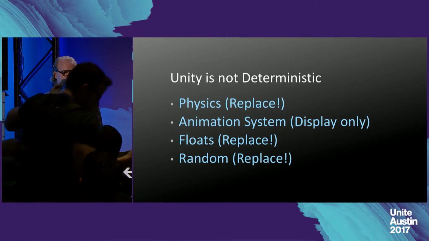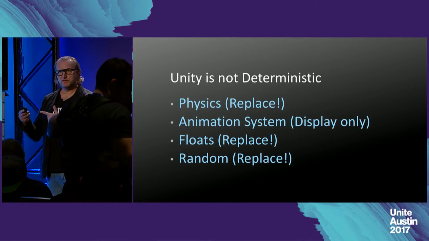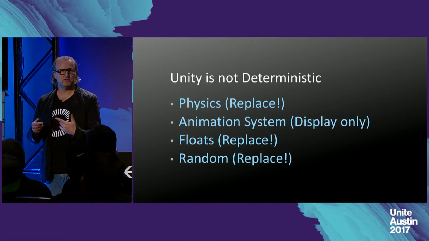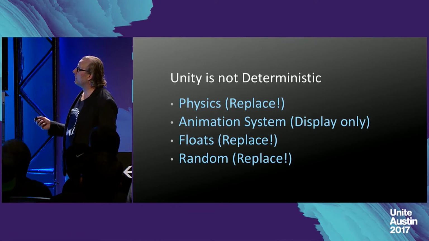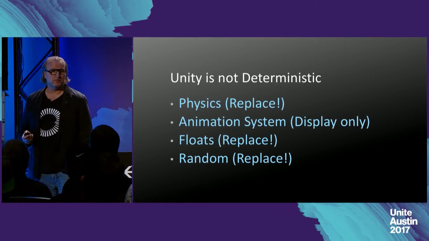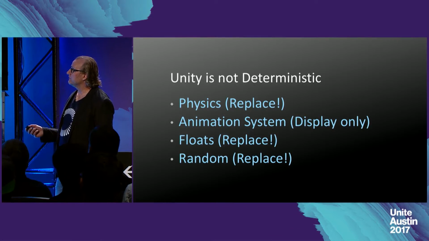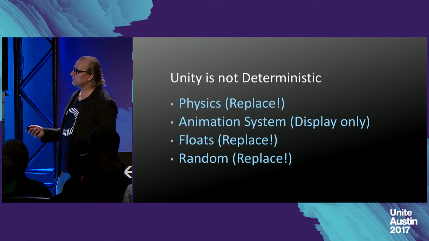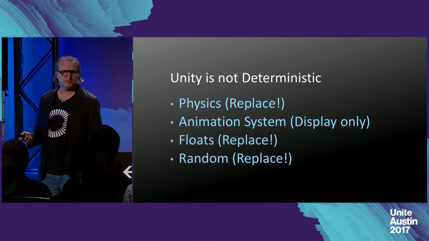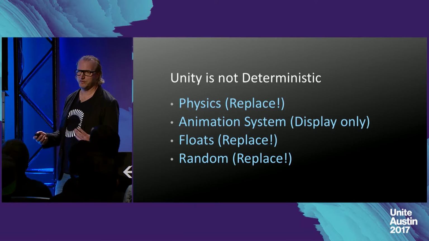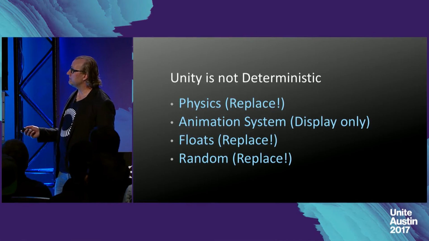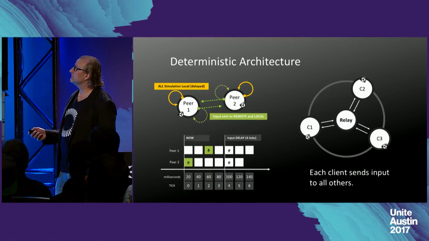A simple misinterpretation of collisions would result in totally different states on different clients. The whole animation system, Mecanim, is not deterministic. If you use floating point numbers, it's not deterministic. It may give different results on an iPhone than on Android than on a PC. And random numbers are not deterministic.